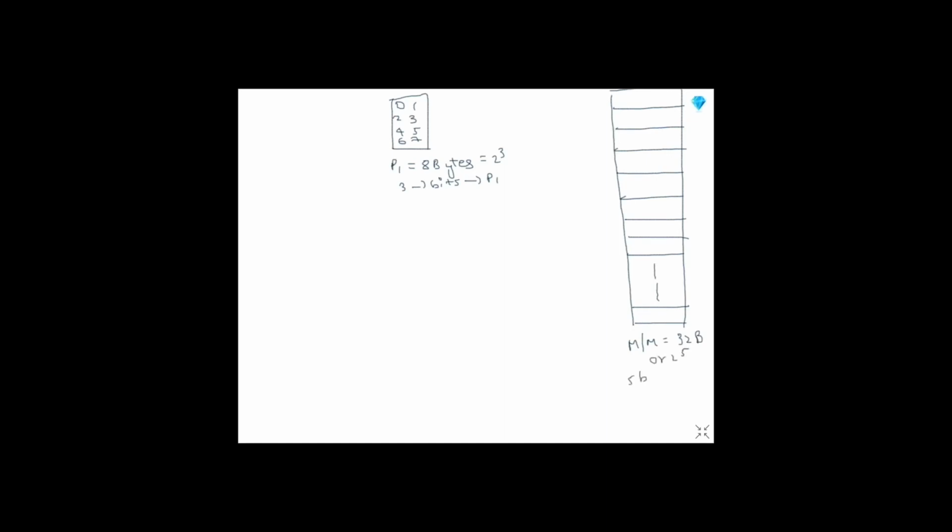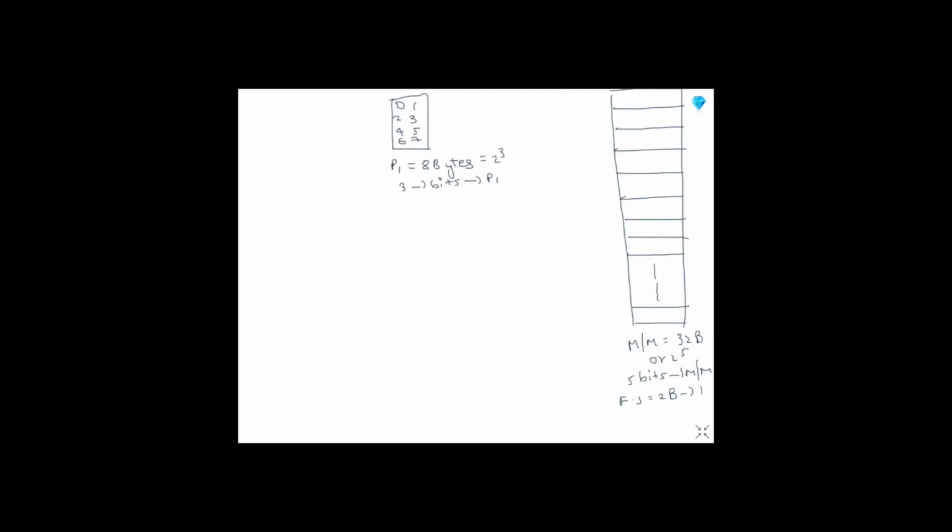So you need 5 bits to represent all of these 32 bytes of main memory. Now, the frame size is 2 bytes. So in order to represent these 2 bytes, we need log of 2, so that is 1 bit.